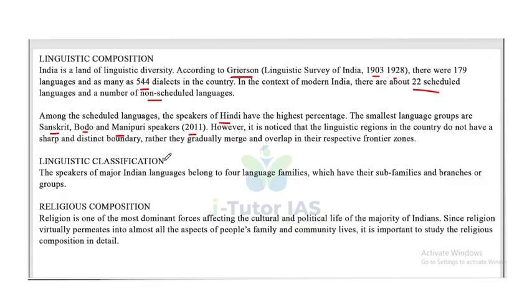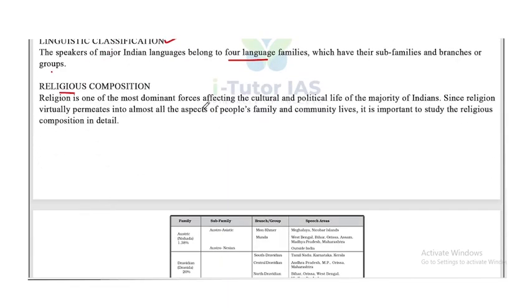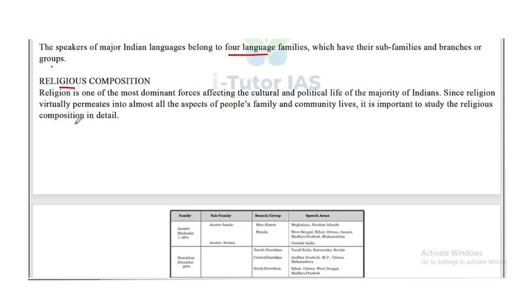Next one is linguistic classification. The speakers of major Indian languages belong to 4 language families, which have their subfamilies and branches or groups. Now, religious composition. Religion is one of the most dominant forces affecting the cultural and political life of the majority of Indians. Since religion virtually permeates almost all aspects of the people's family and community lives, it is important to study the religious composition in detail.